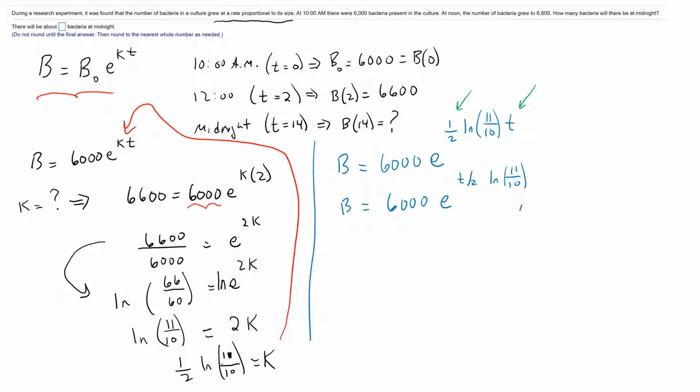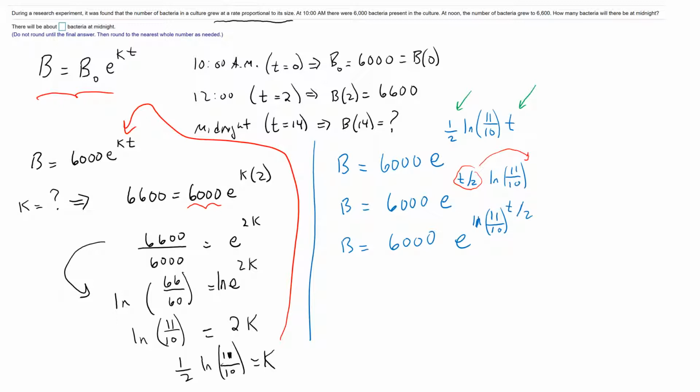That allows me to take this number and put it in the exponential spot using the power property of the logarithm. So I have e to the natural log of 11/10 raised to the t over 2 power.